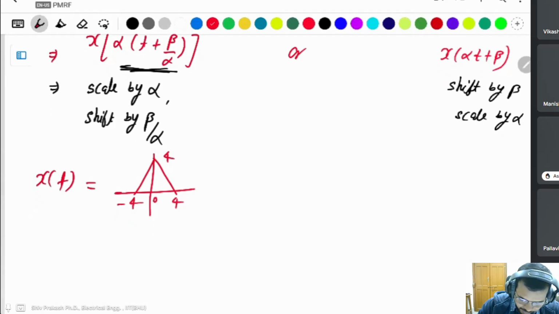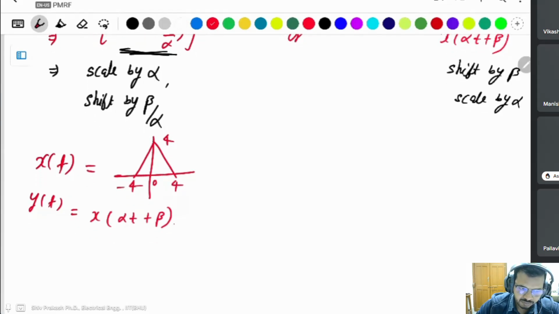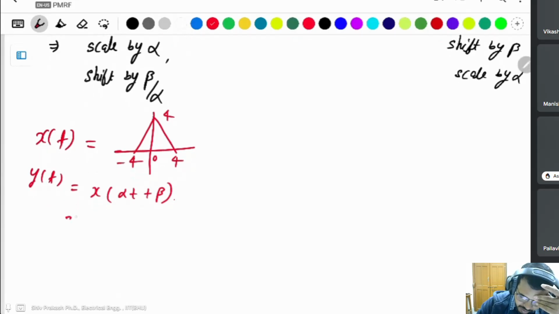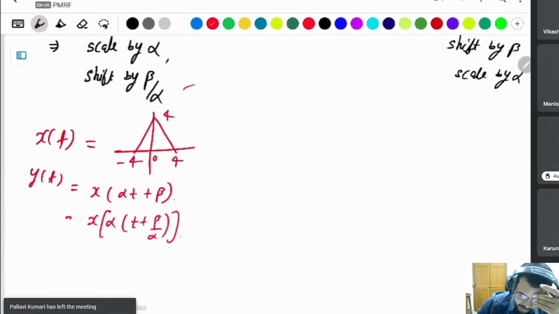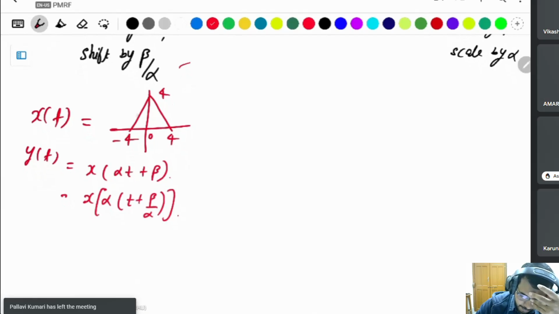Then apply y(t) equal to x(alpha t plus beta). If you apply this, you have to take alpha common, beta by alpha, and first scale by alpha.